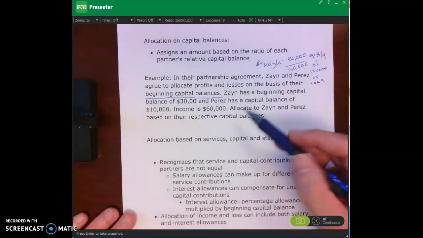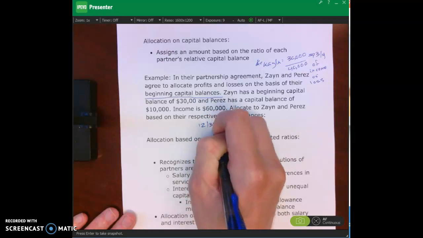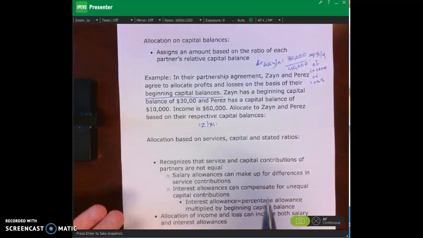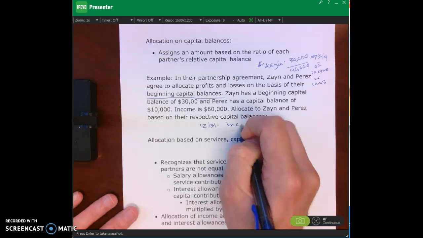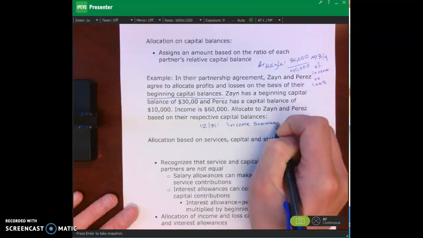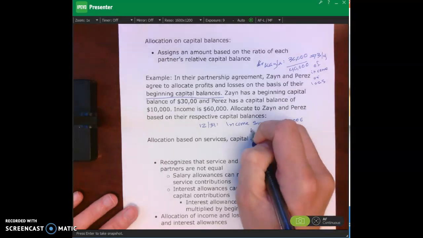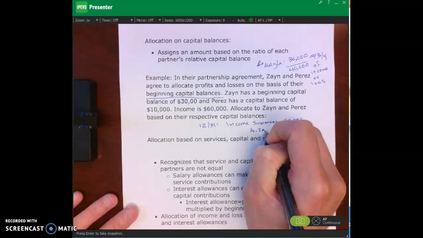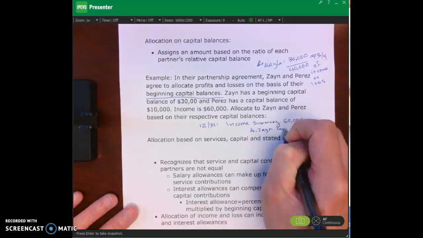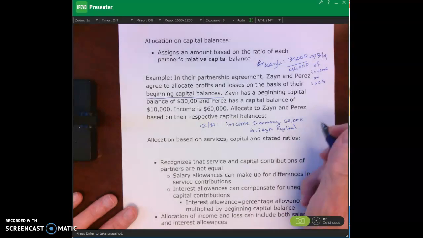Okay? So I can multiply my 60,000 times my 3/4. Well, remember, I'll debit income summary for my 60,000, and then I will credit Kayla capital for 3/4 of that 60,000, which is our 45,000.